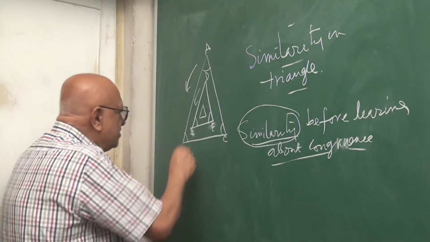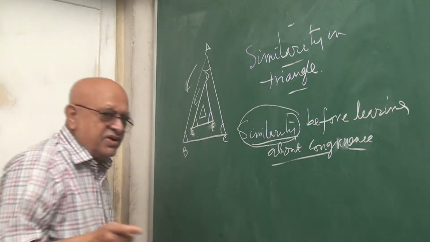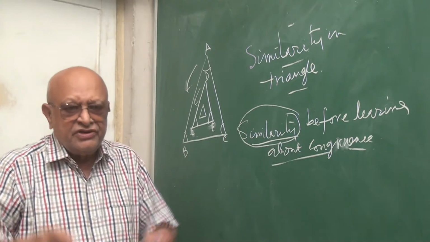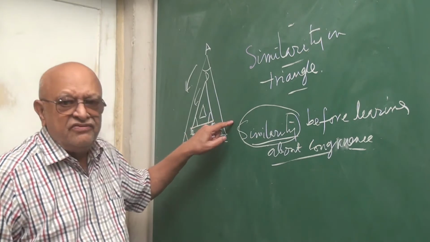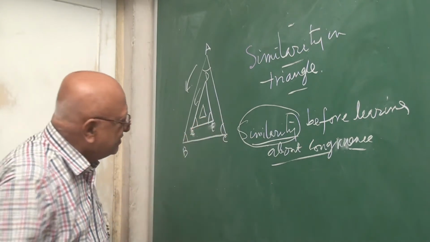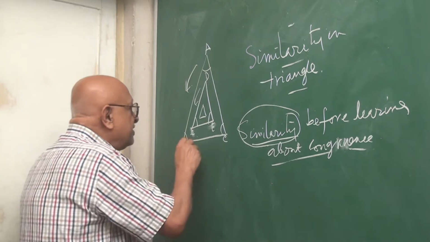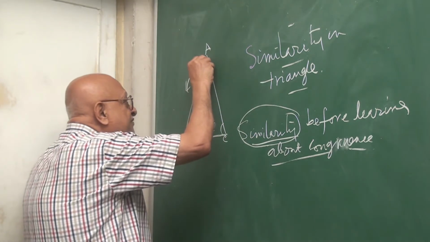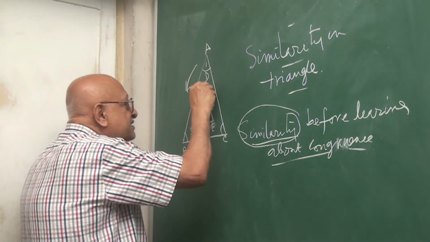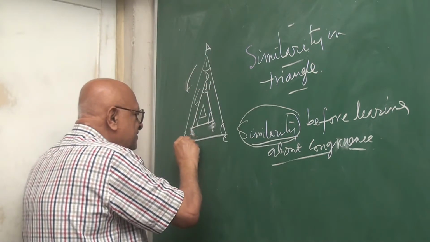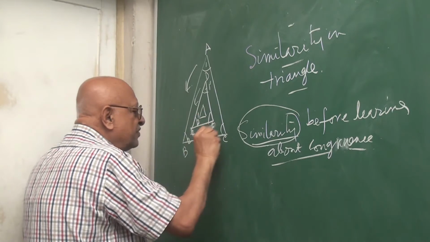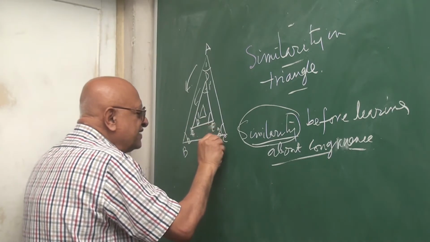So this is angle 1 and its corresponding angle. Remember the word corresponding. It is used very frequently when you are dealing with plane figures in 2 dimensions. This one I will write as 1 dash, this is 2 and 2 dash, this is 3 and 3 dash.